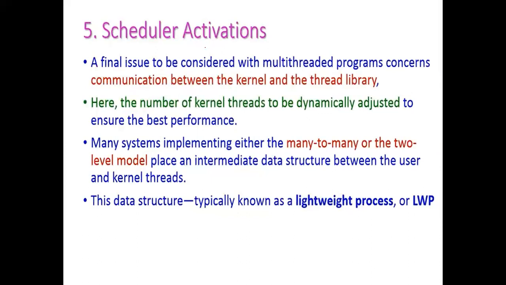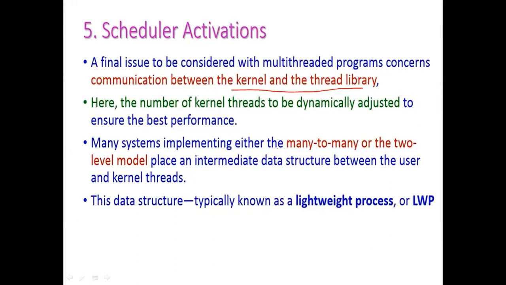The next issue is scheduler activations. A final issue to be considered with a multi-threaded program is the communication between the kernel and the thread library. Here, the number of kernel threads has to be dynamically adjusted to ensure the best performance.